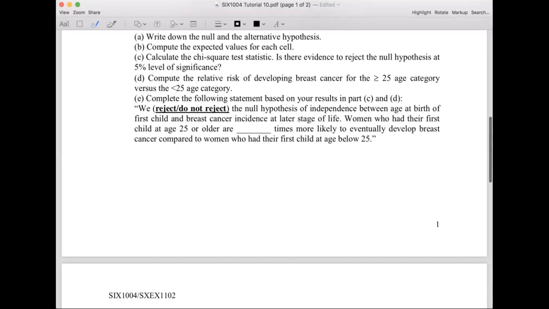This relative risk thing is usually of interest to the doctors and also of interest to the actuarial people, because when they insure some people, they might collect information that they can use to calculate the premium.